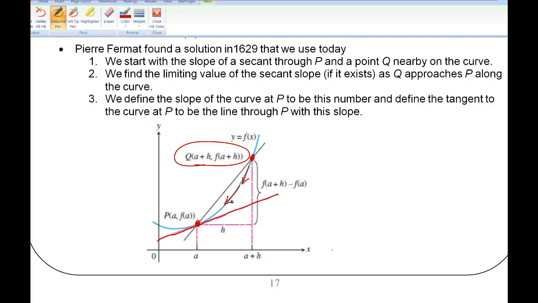If I have a point starting at a, and I look at a plus h, as h gets closer to 0, maybe the point is 3, then 3.01, 3.001. As I move closer and closer to the original, I will get the slope of the tangent line. And that is what we will do tomorrow.